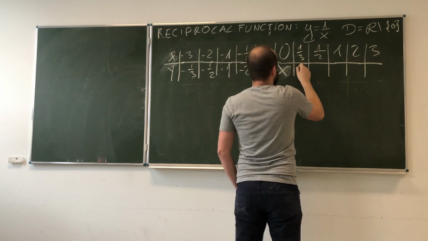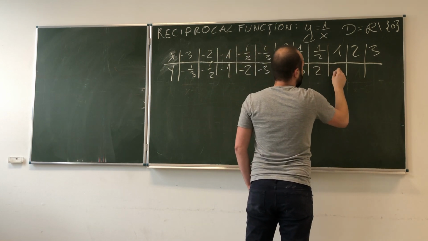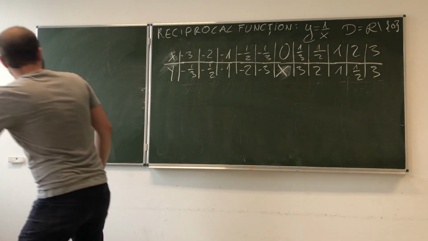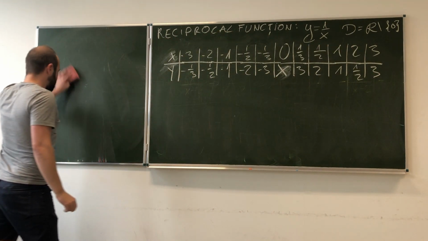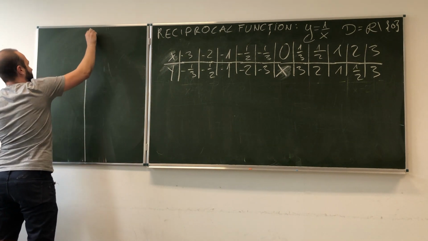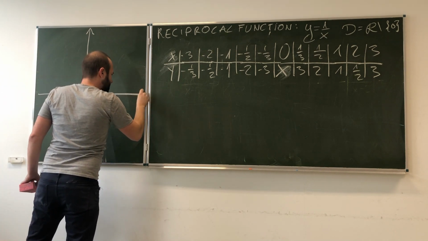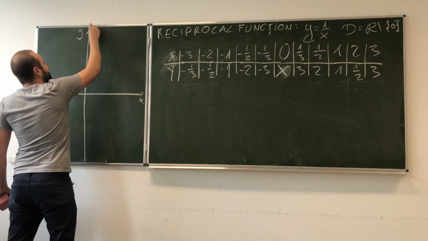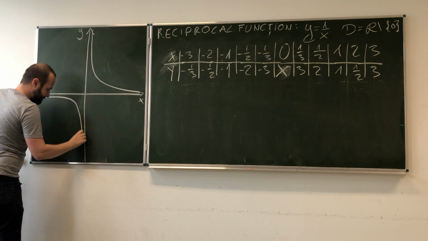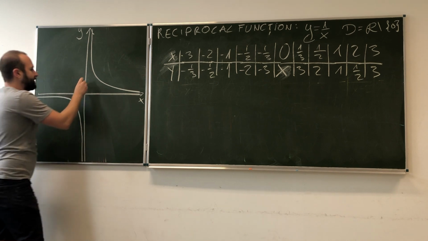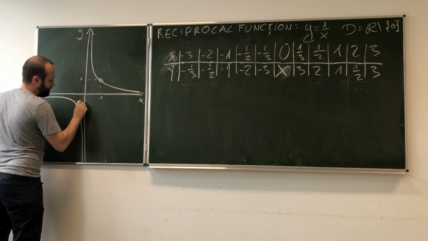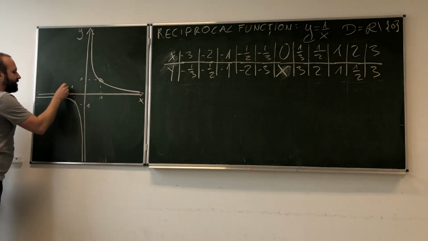Okay, and of course we know how to draw it. And we know that this is the point 1, 1, and this is the point -1, -1.